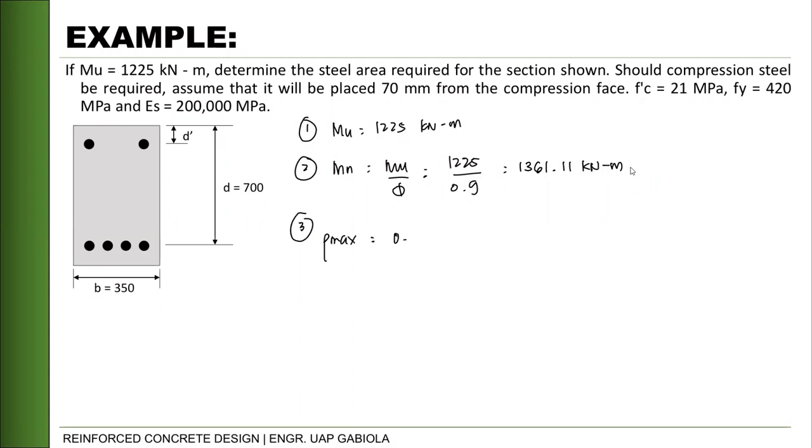Step 3, rho max, is 0.85 times F prime C over Fy times beta 1 times 3/8.